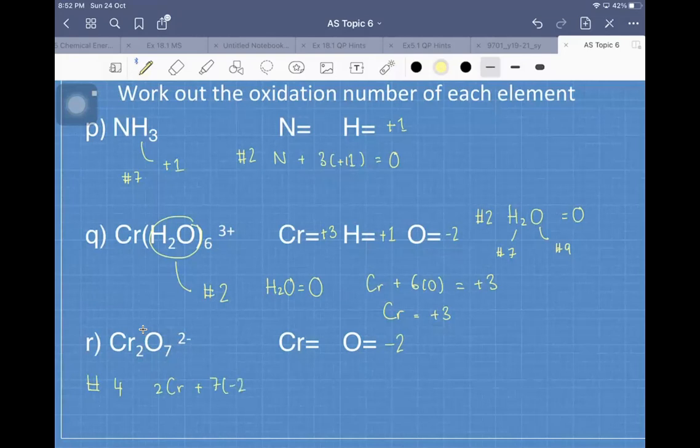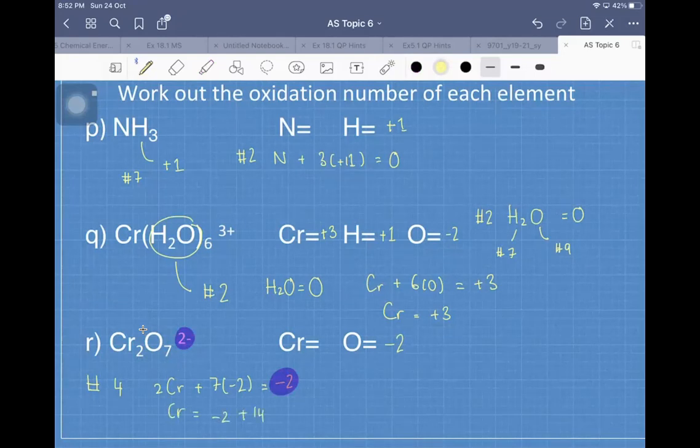So 7 times -2, which is the oxidation number of oxygen, is -14. So just to remind you, where I got that -2 as the total is coming from the charge. So chromium is equal to -2 plus 14.